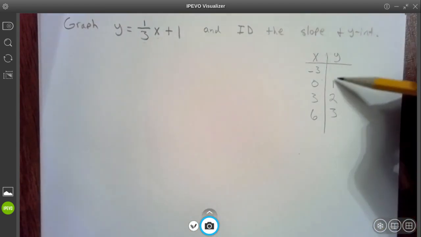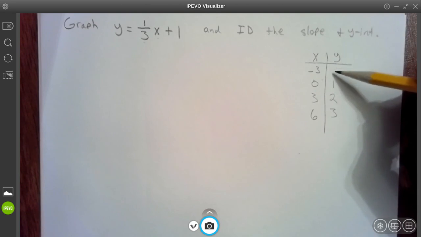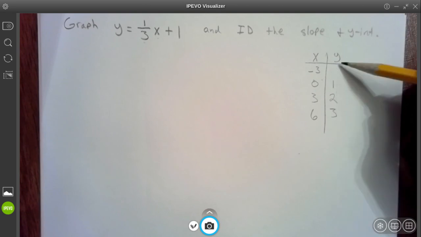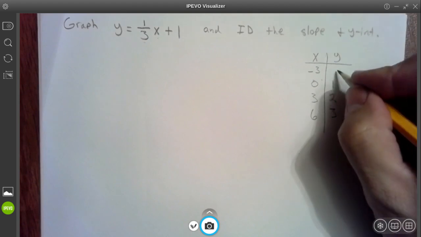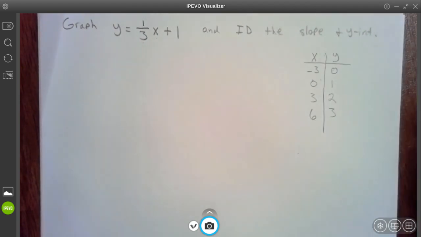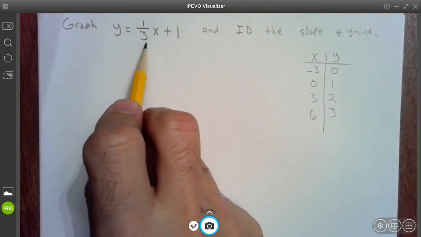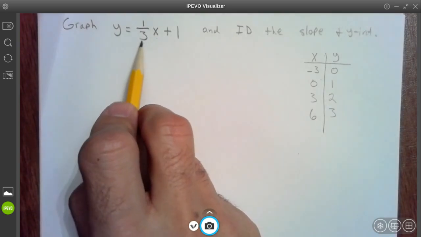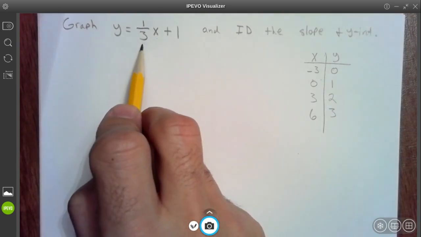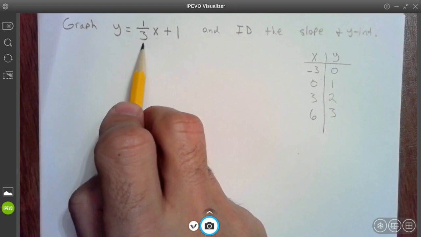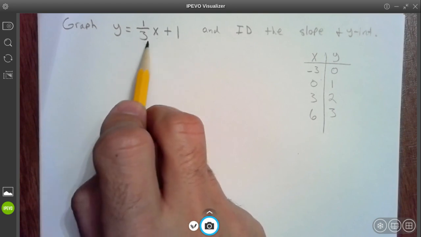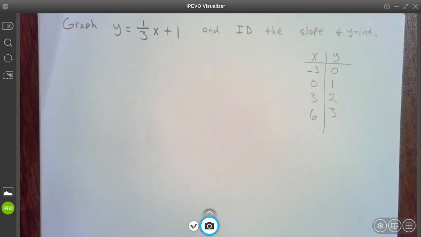It looks like I could predict what this next one's going to be just based on my y values. It looks like it's going to be 0. If you do -3 here, 1/3 of -3 is -1, and then -1 plus 1 gives you 0.